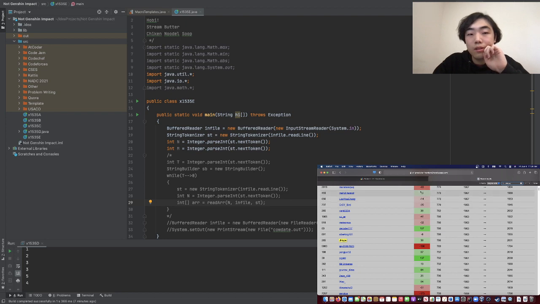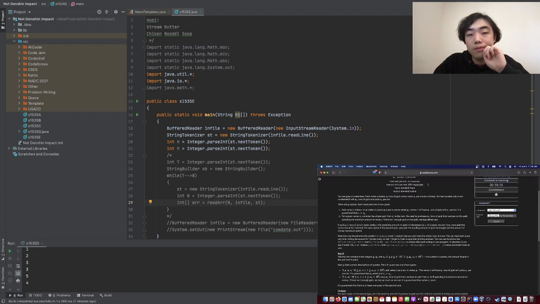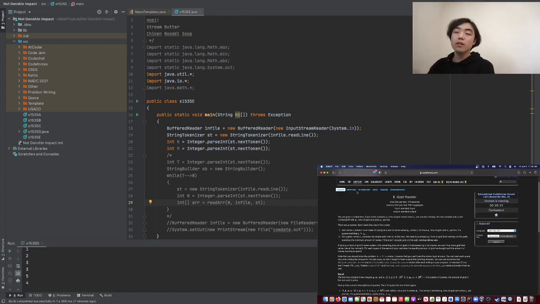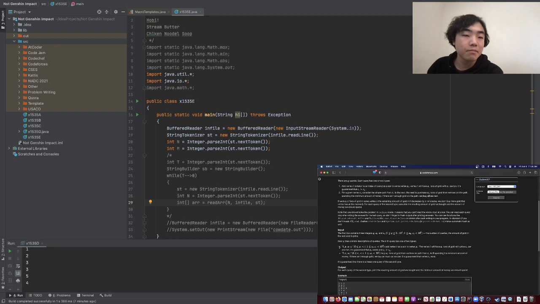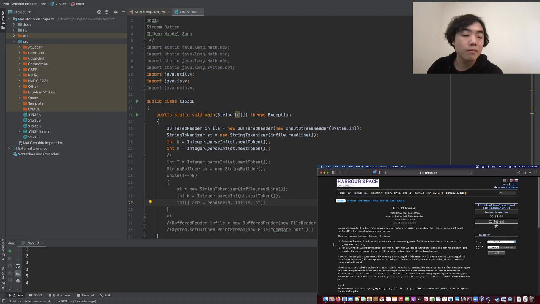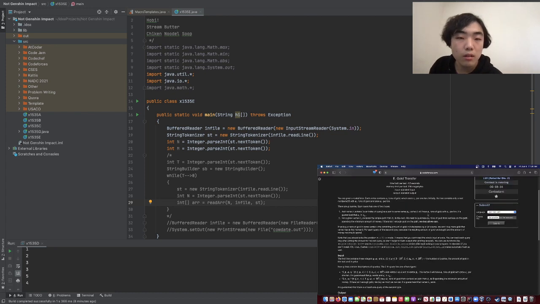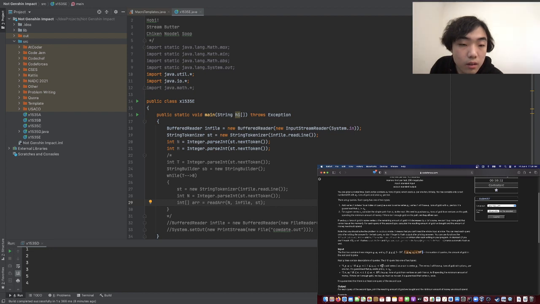So we add a vertex with this much gold, at this price per ton. What's the limit on this? 10 to the 6. Okay.